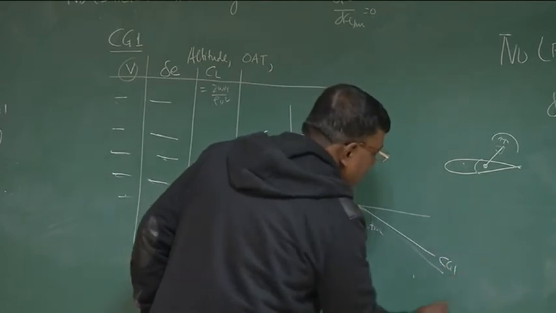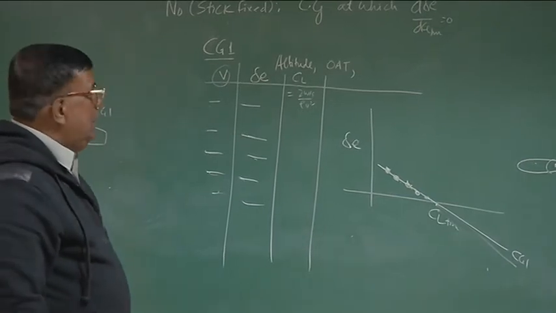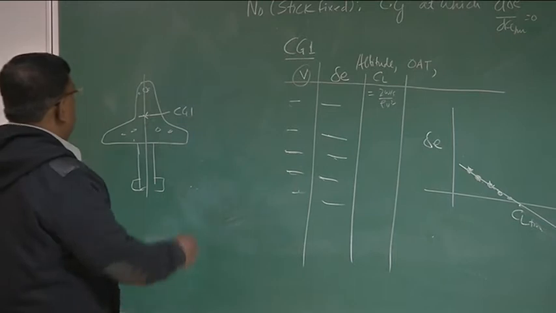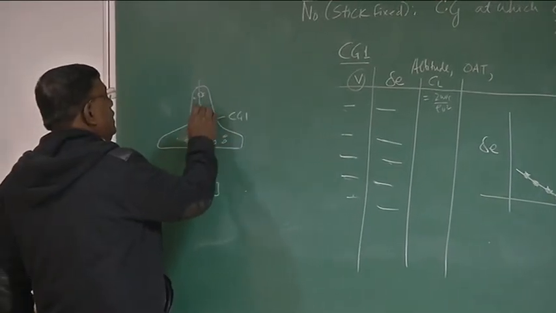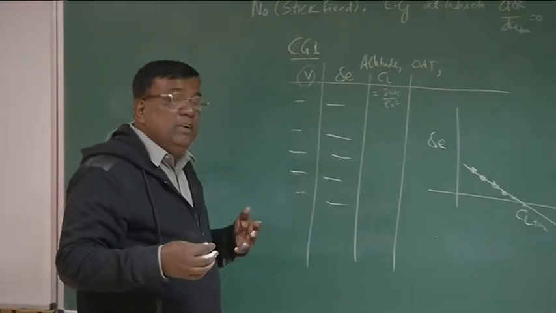This is for CG1. Now what you do, you come back and take different passengers. You put some passengers, 2 here, 1 here, or maybe 1 here, like different weights, so that you have a different CG.